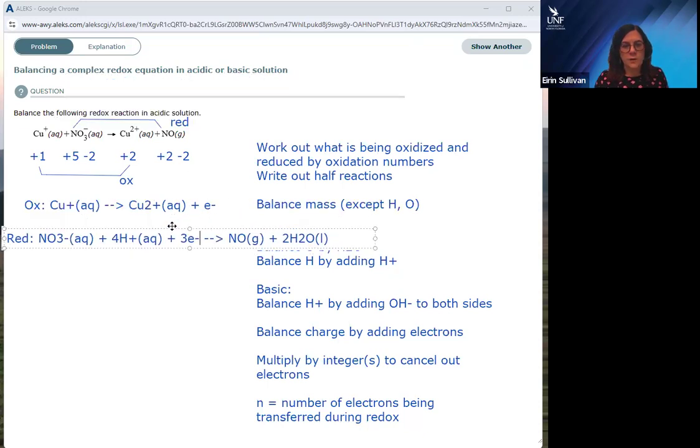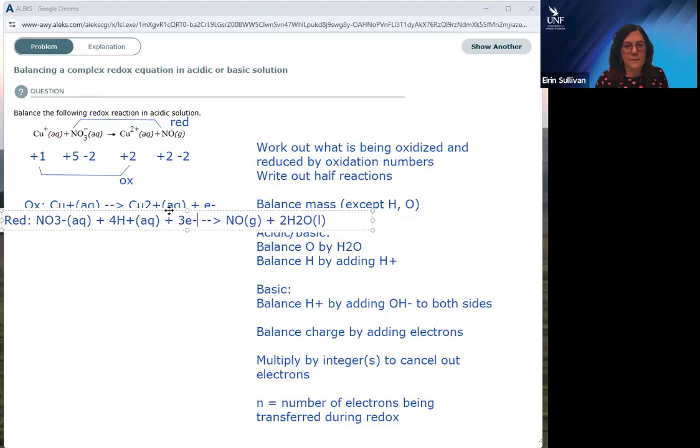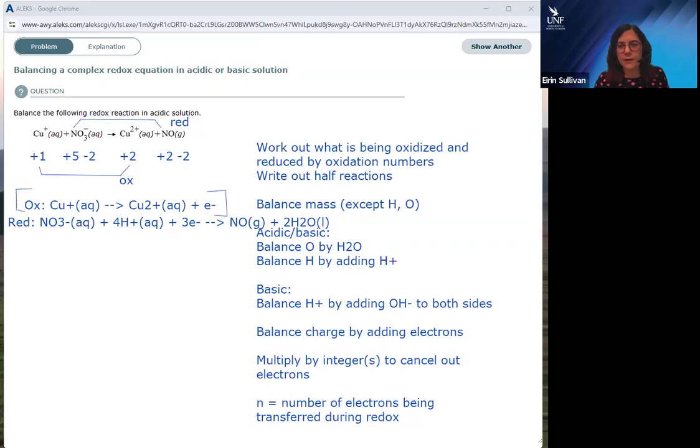Okay, so in order to add these together, I'm going to need the number of electrons to balance out. So how am I going to get my number of electrons to balance out? I'm going to have to multiply my oxidation half reaction by an integer, and in this case I'm going to multiply that by 3 in order to get the number of electrons to cancel out.